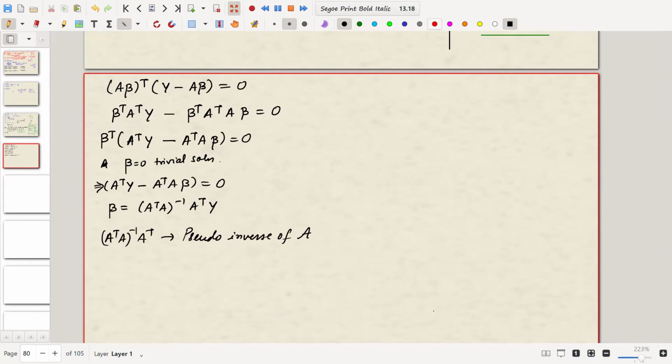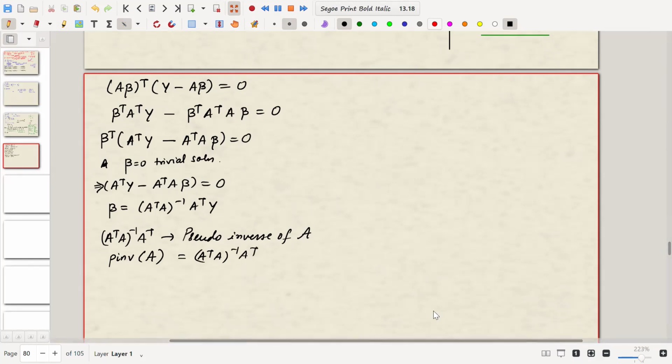Of course, A transpose A is a bit difficult, as you have to take the inverse of such big matrices and multiply with A transpose. I will show you that this is taken care of in Python by the PINV function. If you just give matrix A to PINV, the output will be A transpose A inverse A transpose.